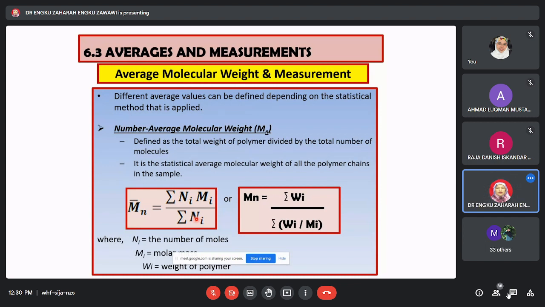Okay. So di mana Ni ini number of mole, Mi molar mass, Wi weight of the polymer. So kita dapat some Mn, iaitu number average of molecular weight.